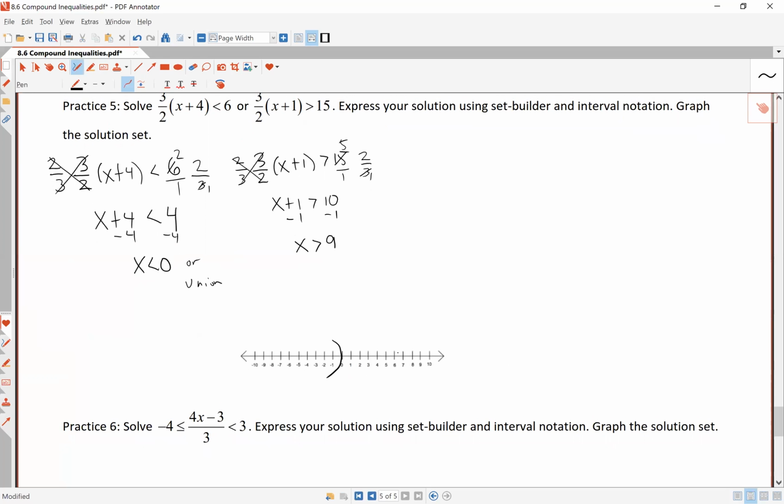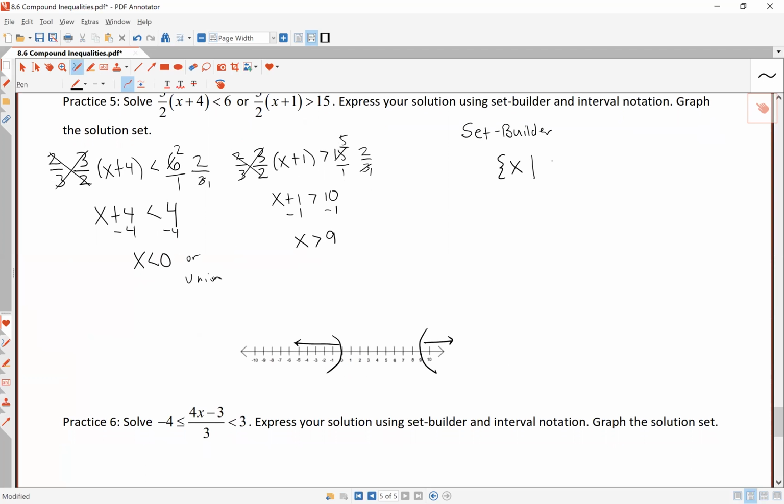Less than 0, greater than 9. And so in our set builder notation, we have the set of x such that x is less than 0, or x is greater than 9.